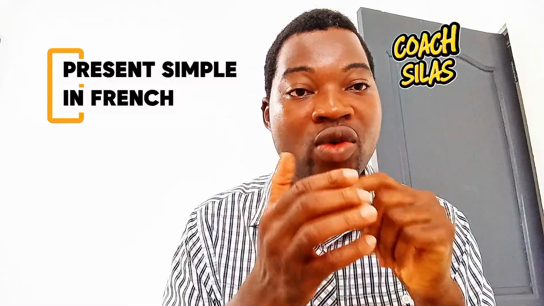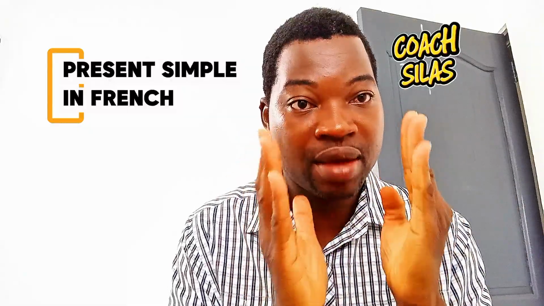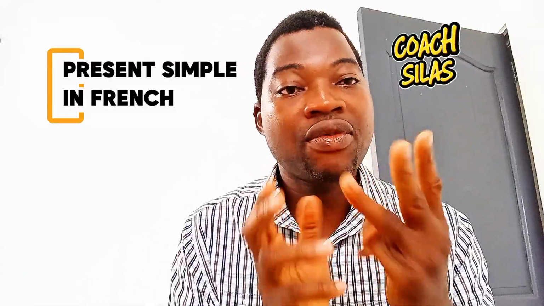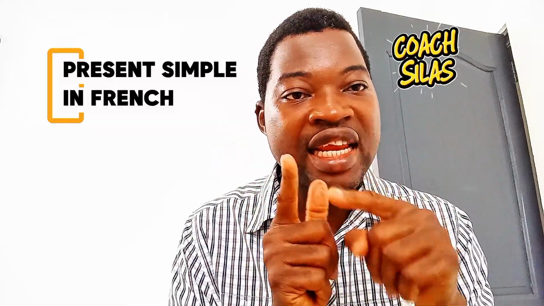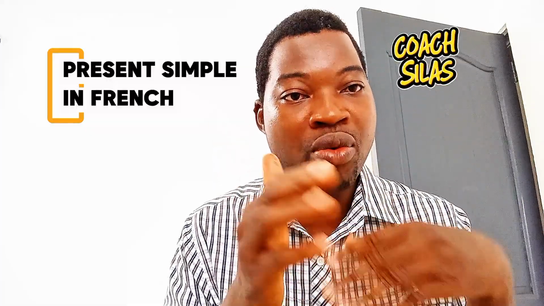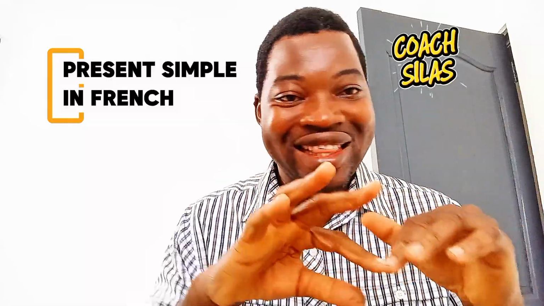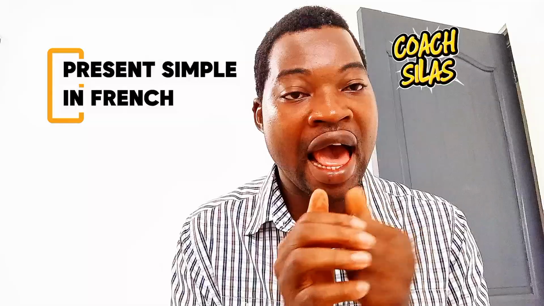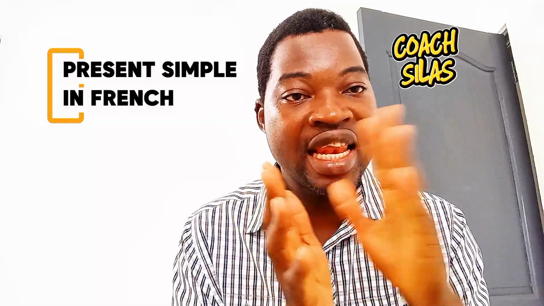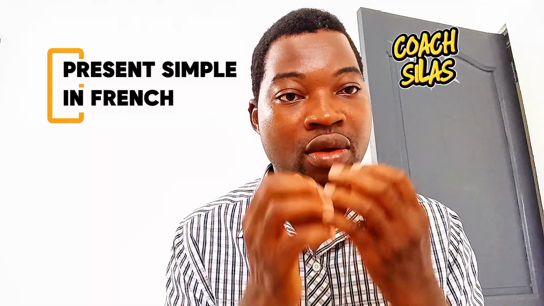This morning, we are going to learn the present simple of verbs in French. We have three groups of verbs in French. Verbs ending in ER. Example, manger, to eat, danser, to dance. Verbs ending in IR. Example, finir, to finish.